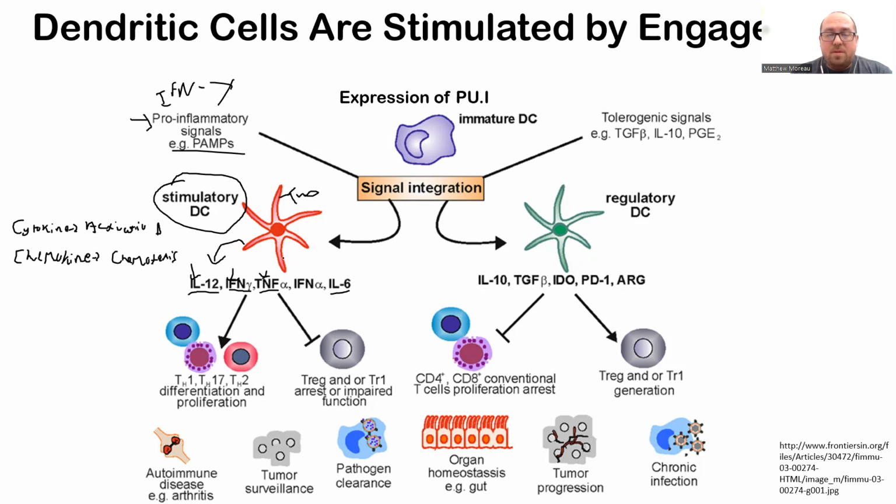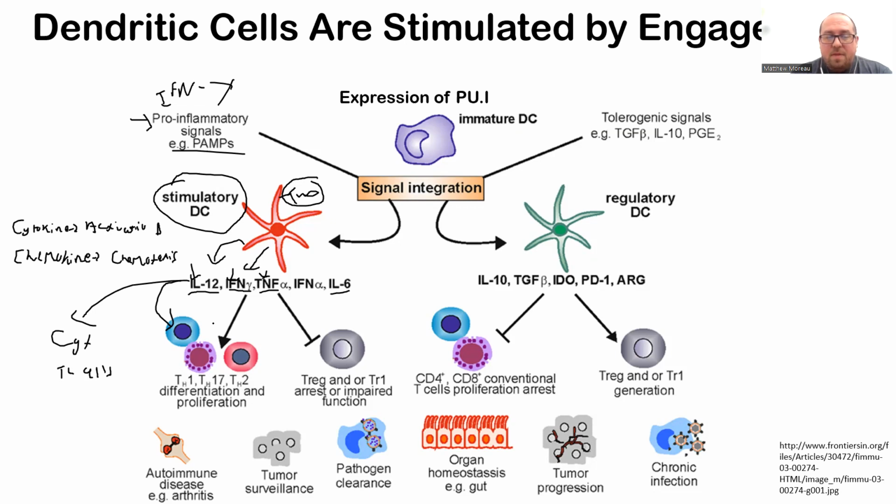So dendritic cells play an important role in determining what the infectious agent is or what the induced stimulus is, secreting some cytokines on their way to activating the T cells of interest, whether they be T helper cells or cytotoxic T cells.